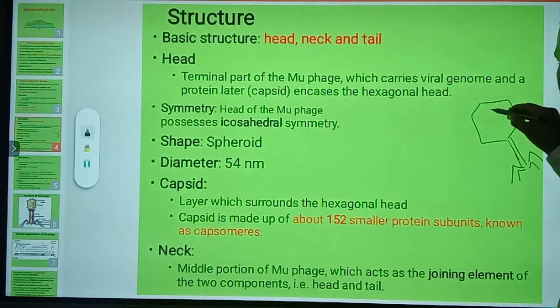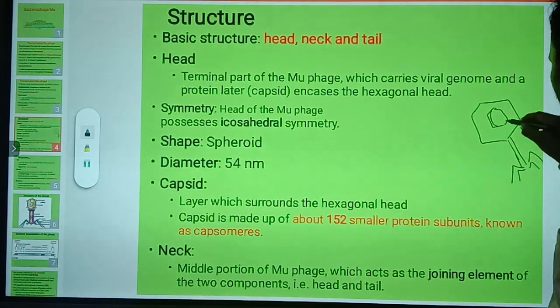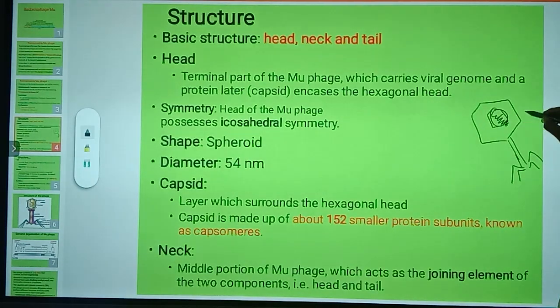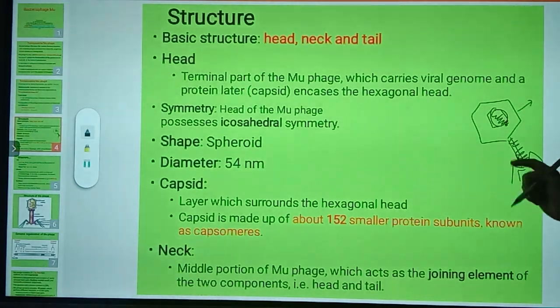The head has the genetic material, covered by a sheath. It is contractile in nature. So this is the icosahedral capsid, this is the neck portion, and this is the base plate.